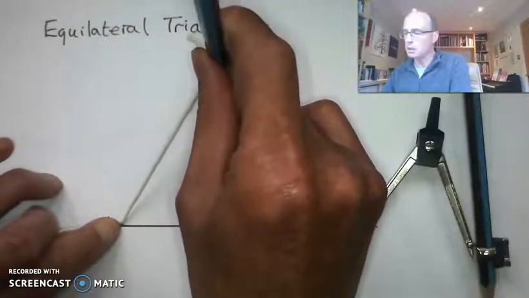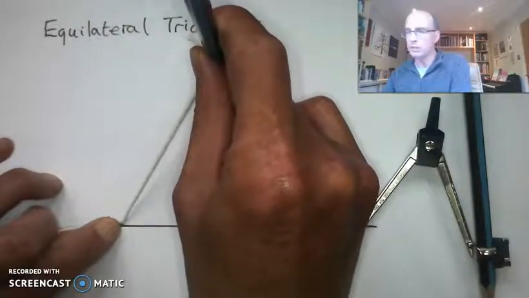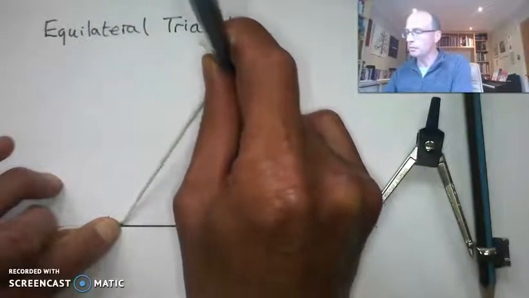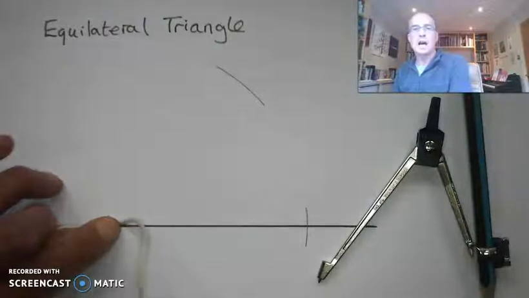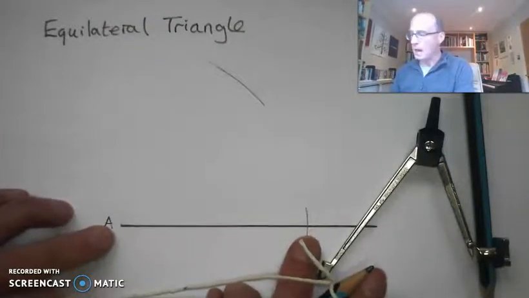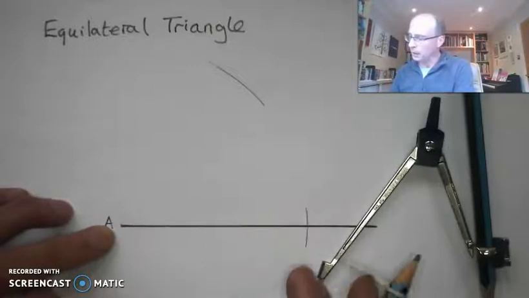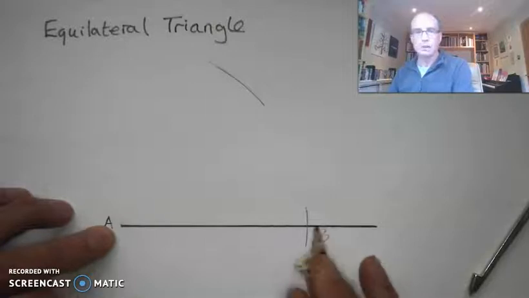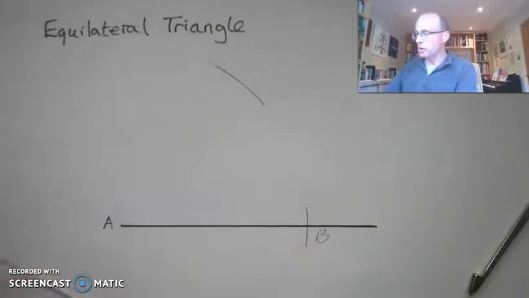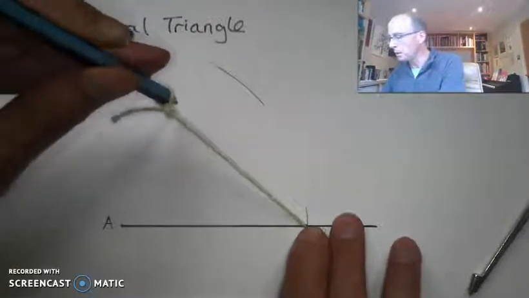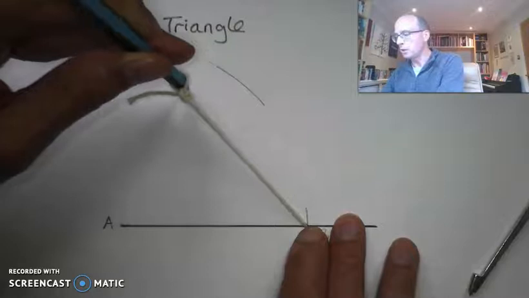Again, I'm going to keep my string as taut as possible with my pencil as vertical, as upright as I can get it, and I'm going to draw another arc. The arc needs to be halfway between A and this point, which I'm going to label up B. So halfway between there, because for my second step I'm going to put my piece of string on my point B and I'm going to draw another arc.